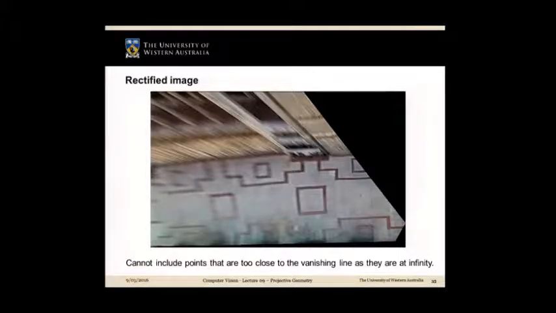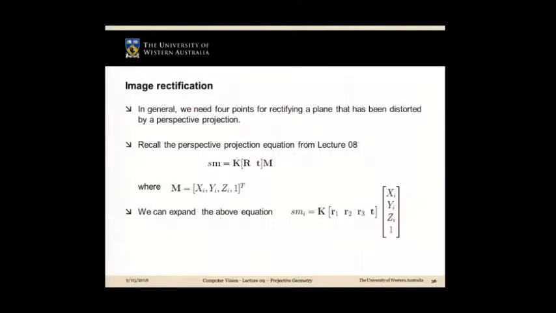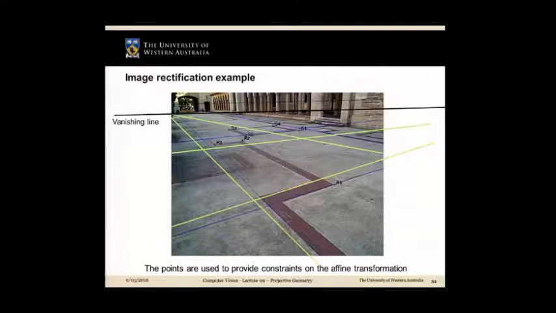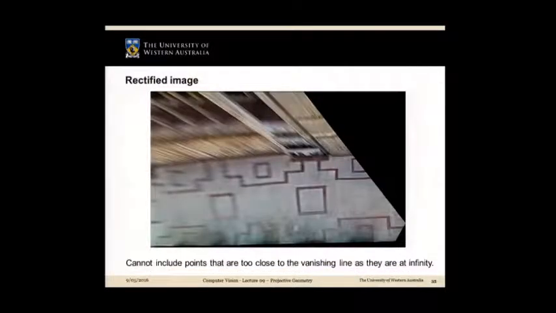And this image was taken from this particular point, and that's also evident in the rectified image. As you move away from the point where the image was captured, you see a blurry sort of stuff there. But actually you can see that in the rectified image you at least managed to get some information about the square shape of the tiles or the floor there. That's what image rectification is normally used for.